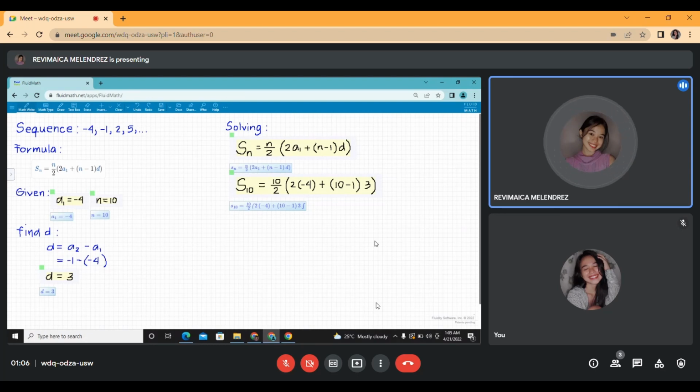After substituting the values of a sub 1, n, and d in the formula, by just putting an arrow here, it will show the value of the sum of the 10th term of the arithmetic sequence. So let us just put an arrow here.